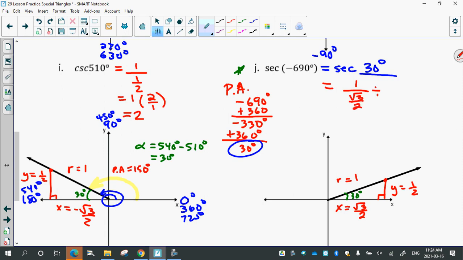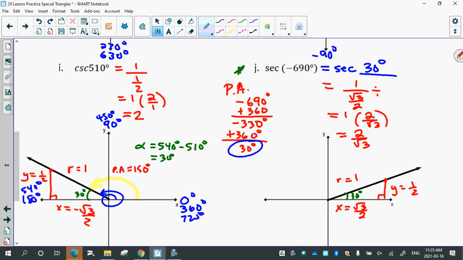That's a divided by. So I'm going to multiply by the reciprocal, and I end up getting 2 over root 3. Then we can check it using our identity.